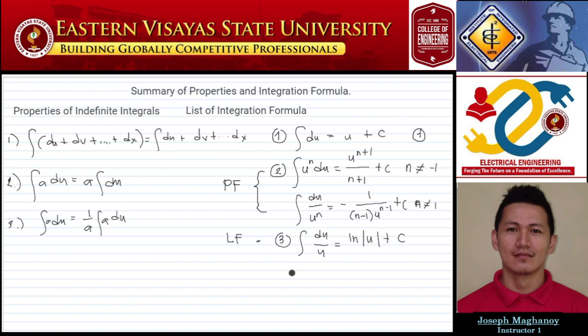For our fourth formula, exponential, e^u du equal to e^u plus c. And the fifth formula, exponential, constant raised to u du equal to a^u over ln of a plus c.